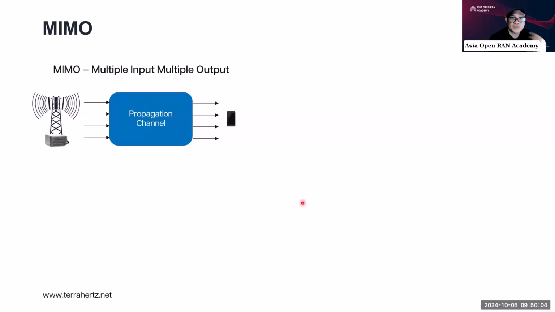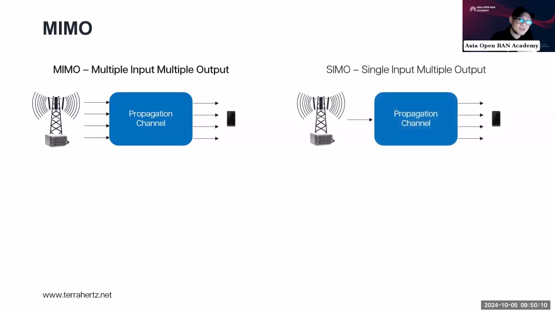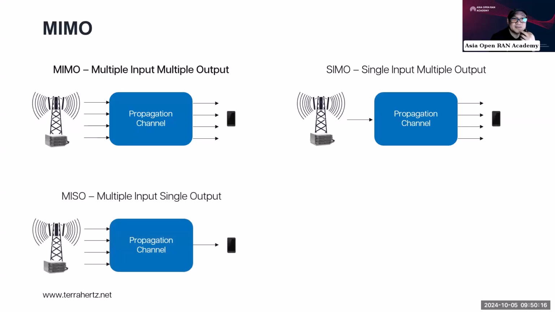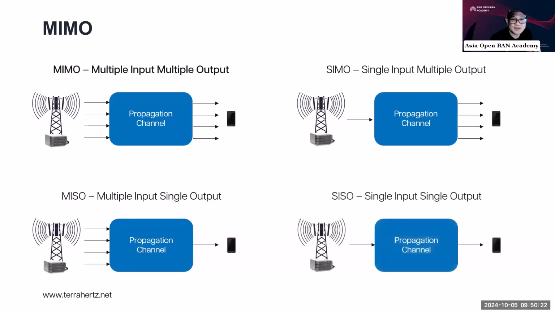If you are using multiple, we call it MIMO, multiple input, multiple output. SIMO is single input, multiple output. MISO is multiple input, single output. And SISO is single input, single output.